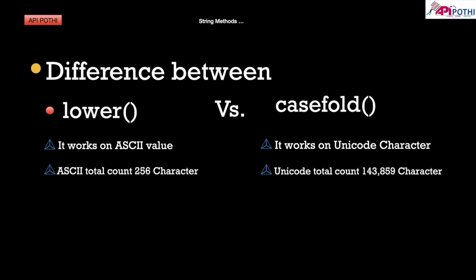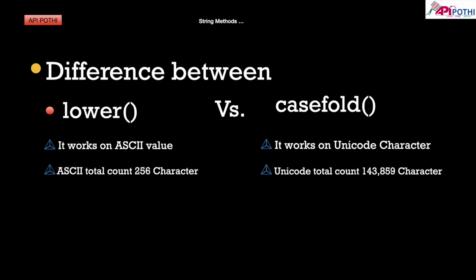In ASCII we have only a total of 256 characters, whereas in casefold we have 143859 characters, which is far better. So casefold is more advanced than the lower method. The lower method will give the correct output if the character belongs to these 256 characters, because it is working on the ASCII value mechanism.